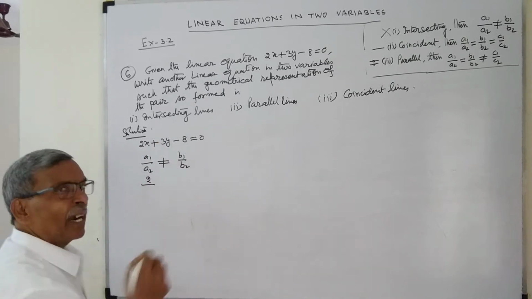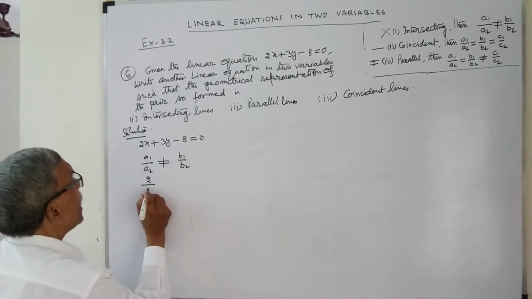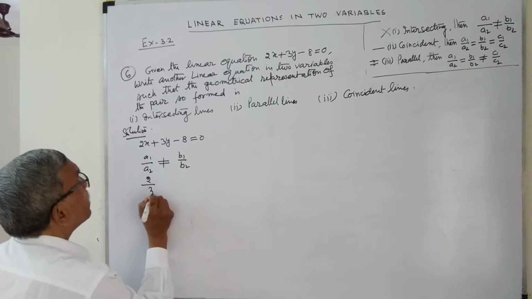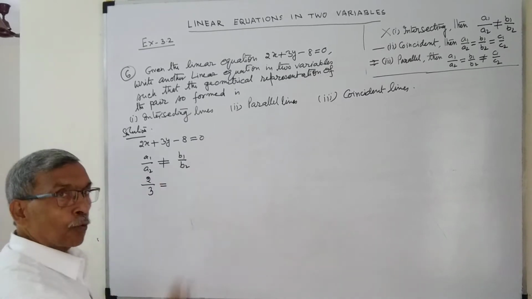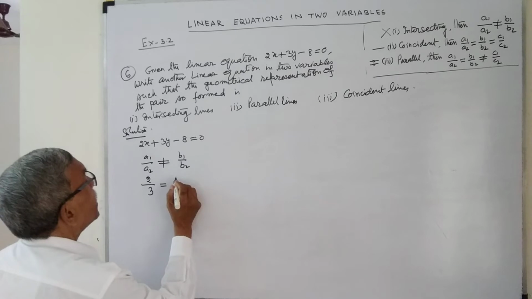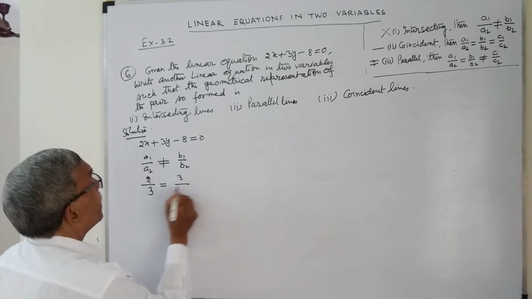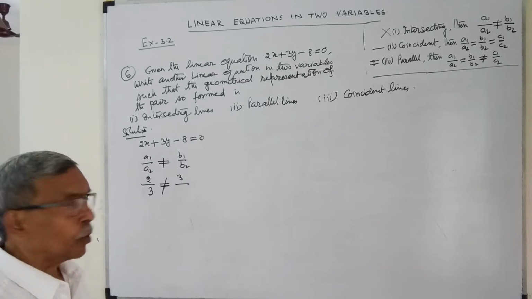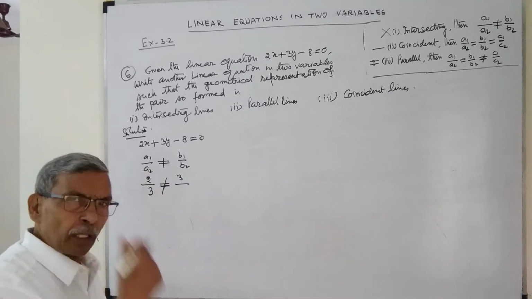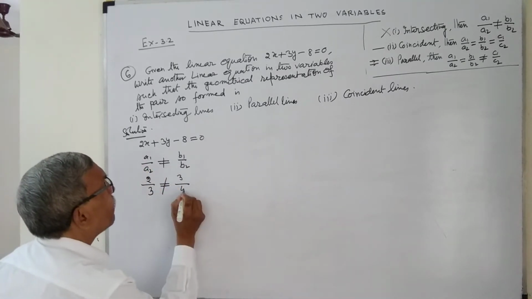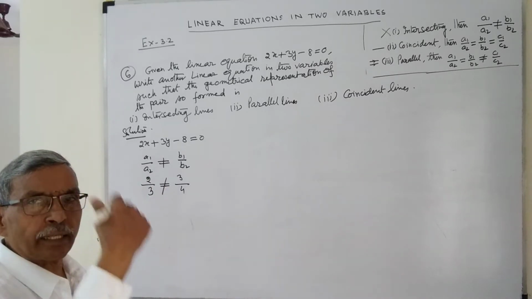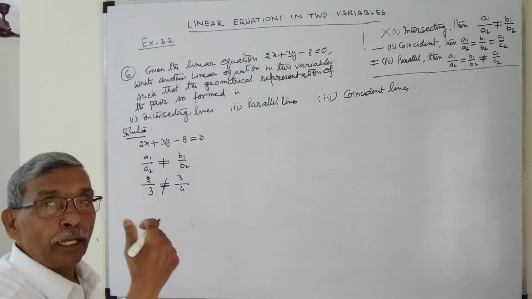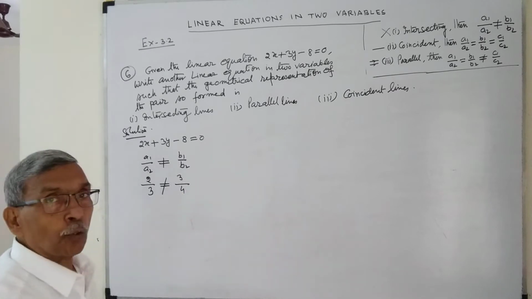So let us take a2 as 3 and b2 as 4. You can take 4, 5, 7, anything. So these ratios should not be equal.